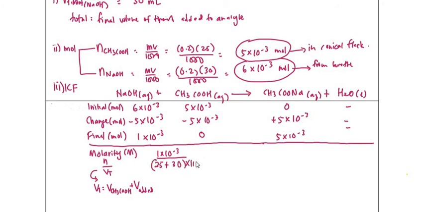Convert into liter and you get the molarity here is 0.01818. Your molarity for CH3COOH is 0 because no more mole is present in the conical flask. How about your salt? Over 25 plus 30, convert into liter and you get 0.1.